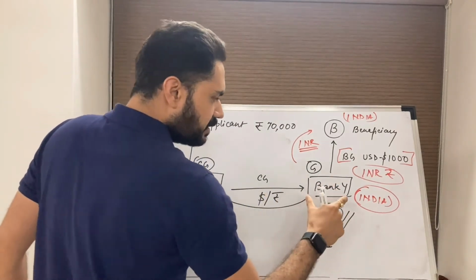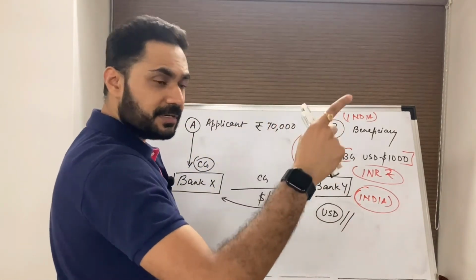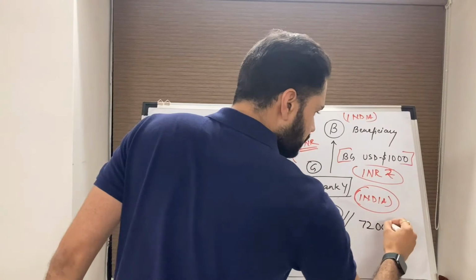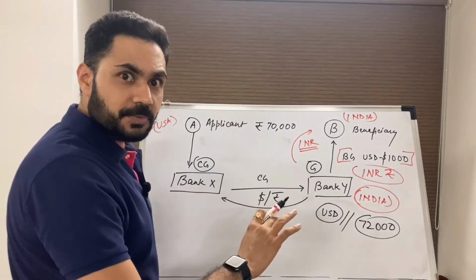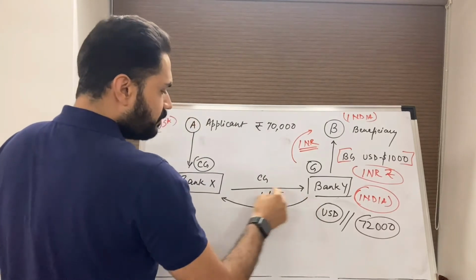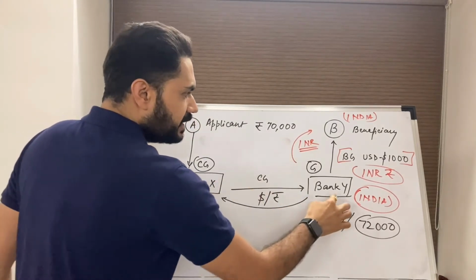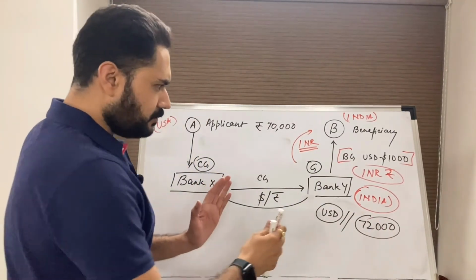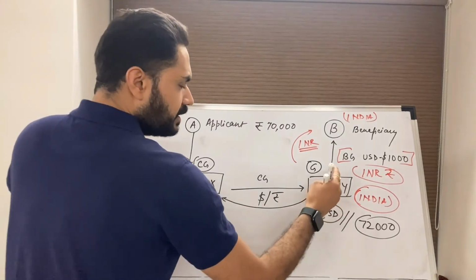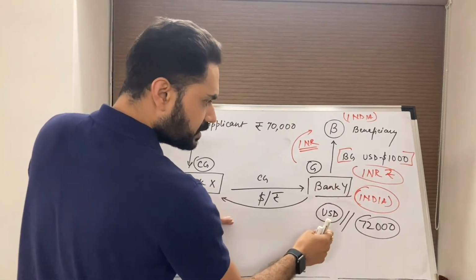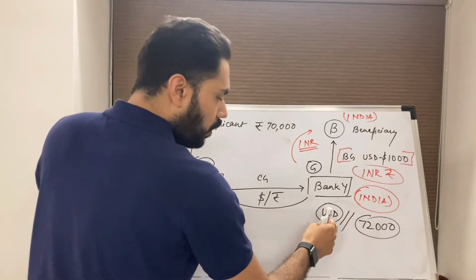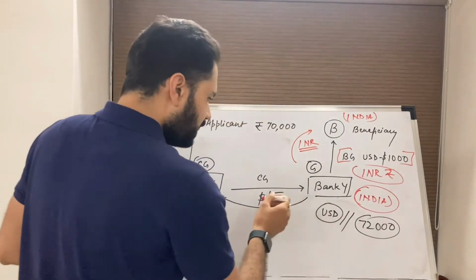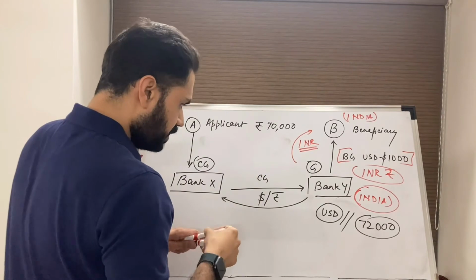Suppose Bank Y, when it converted USD on that day's notional rate, the liability in Bank Y's books came out to be 72,000 whenever that BG was booked. If the guarantor demands payment from the counter guarantor in INR, then the guarantor is short by 2,000. So that is why URDG gives this option to the guarantor that either you can demand payment in the currency in which you booked the guarantee, or in the currency in which you made the payment. So Bank Y can either demand payment in USD or in rupees.